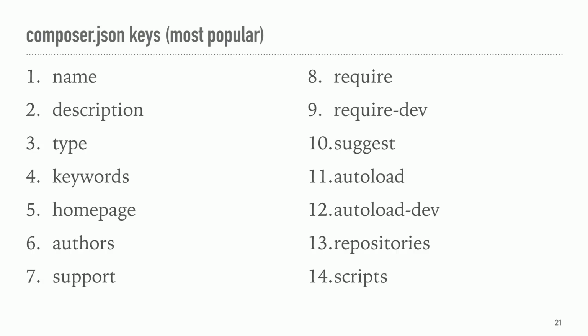We have keywords in the composer.json file, so whoever is looking for our package has an extra way to search for it. Homepage, if we maintain a separate homepage for the library. Authors, and support, like who is supporting that library, the contact information and everything.